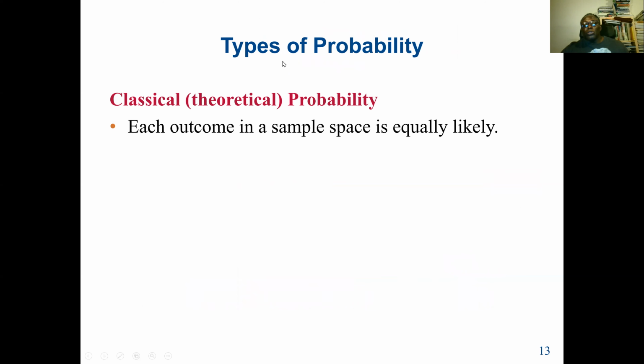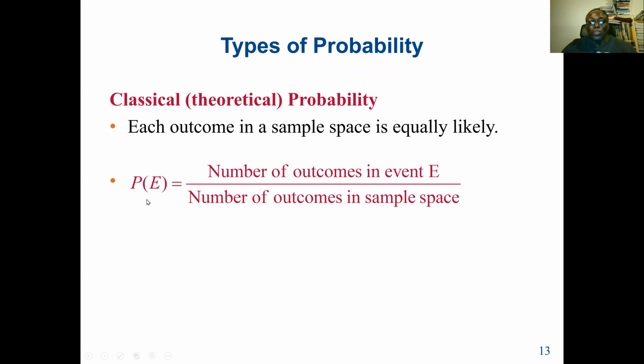So next we go to the types of probabilities. We have classical probability, empirical, and subjective. Classical probability deals more or less with finding the relative frequency or proportion of something. So each outcome in a sample space is equally likely. The probability of E is the number of outcomes in event E divided by the number of outcomes in the sample space.